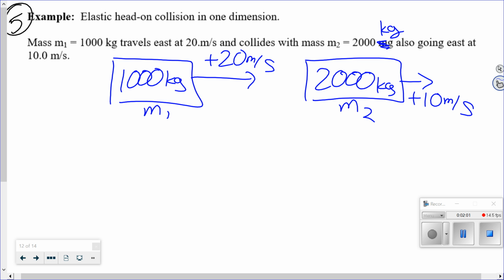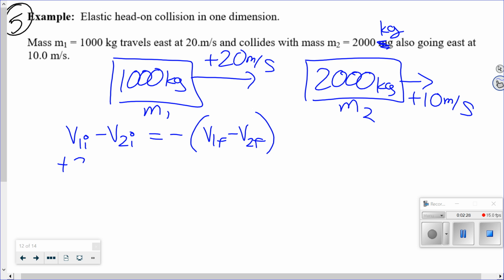Okay, so let's just write down our formula like we're desperate physics students on a physics test. I have V1 minus V2 initial, the difference in velocities, and then I have to have a minus sign to make the math work out, and then I do V1 final minus V2 final. They're going to have the same magnitude relative velocity, but the minus sign is flipped. So 1 is plus 20 minus positive 10.